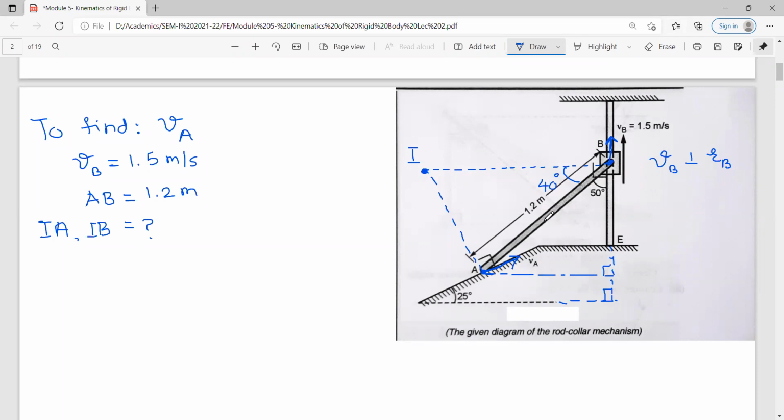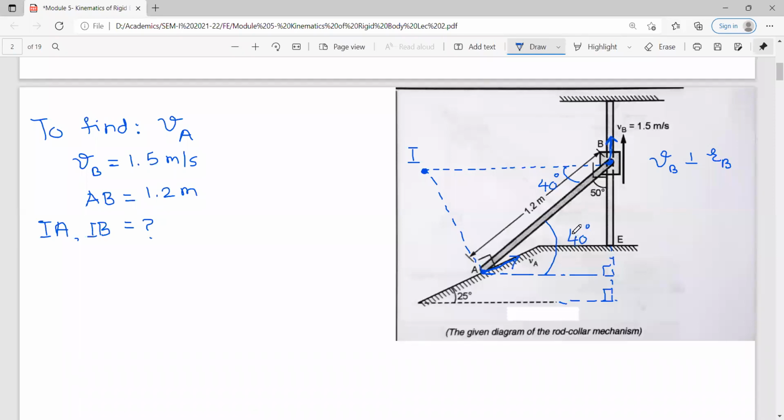So this complete angle will be 40 degrees again. Am I right? Yes, sir. See, this is 50, this is 90, so this angle will be 40 degrees.